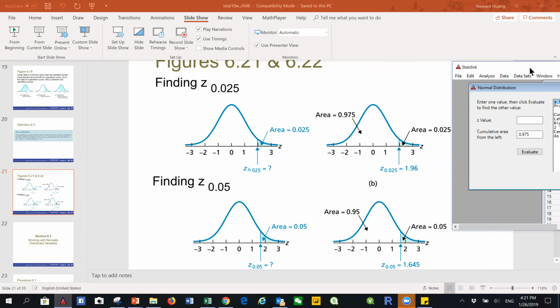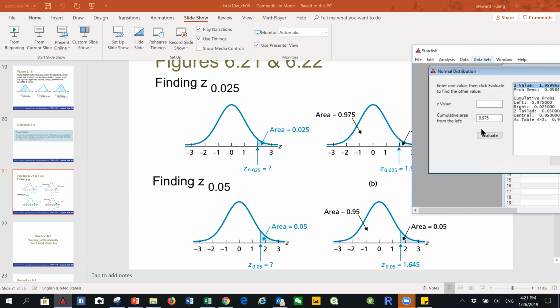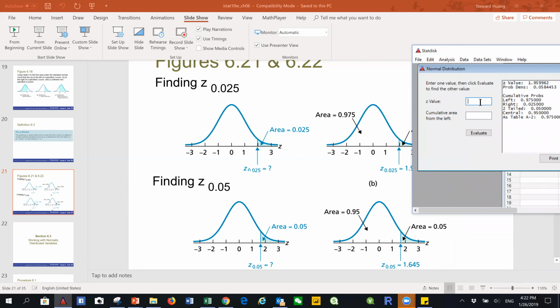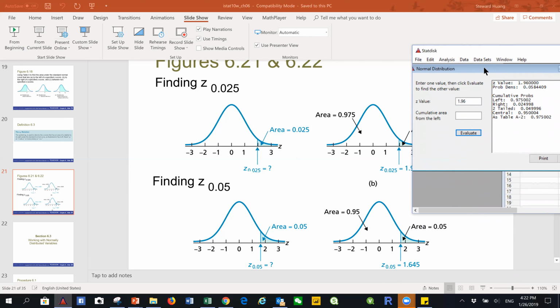So what can you do to calculate the area? You can just plug in 1.96 and click evaluate, and it will calculate the probability for you. So with z 1.96, the area to the left is right here, 0.975. The area to the right is 0.025.